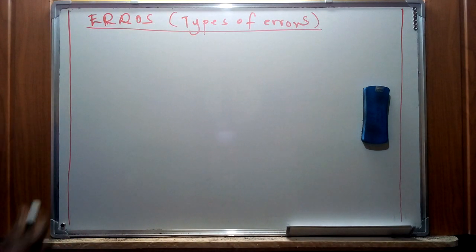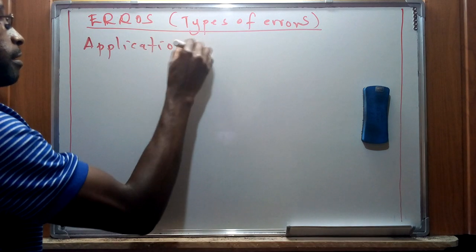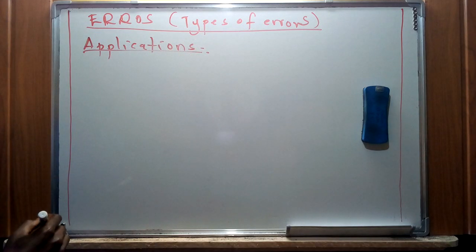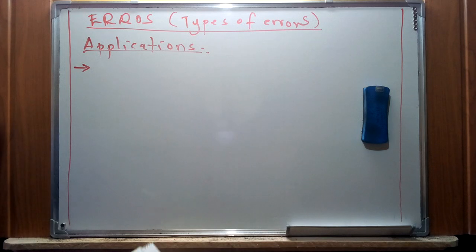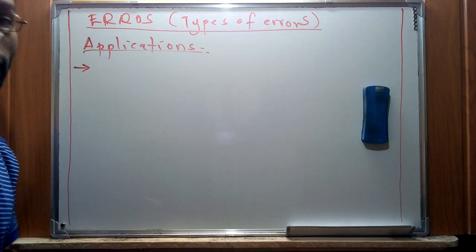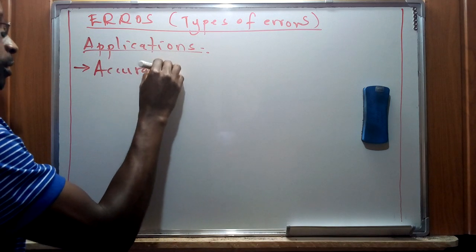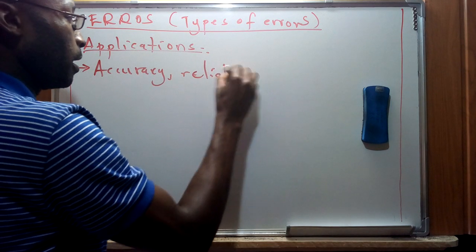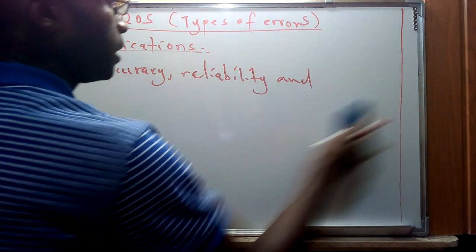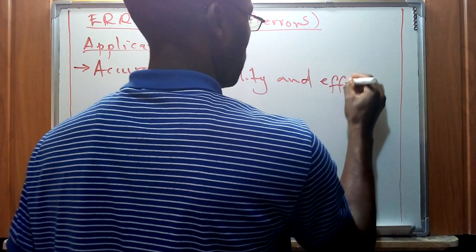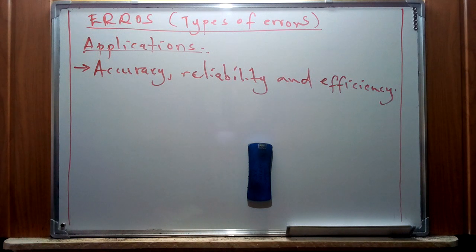So first we looked at the specific applications of these errors in general. And for us to appreciate this specific topic, I'm going to put this in summary. We said that errors are going to assist us to ensure that the data that we are taking has accuracy, reliability, and we are able to have some kind of efficiency in the systems that we are going to use, which basically rely on data.